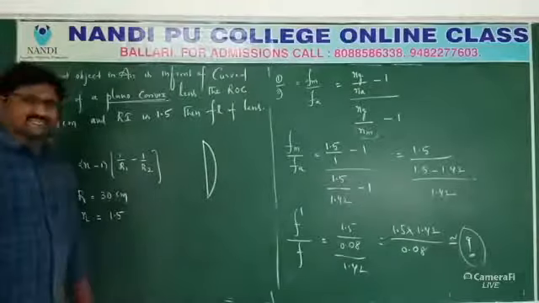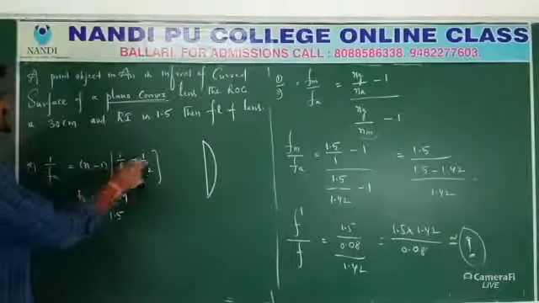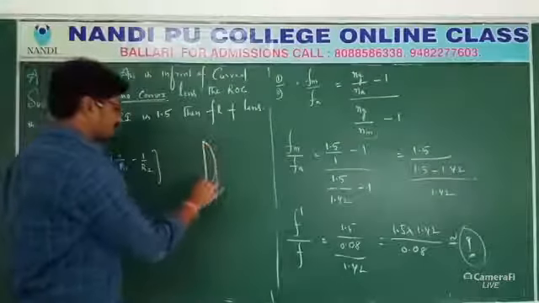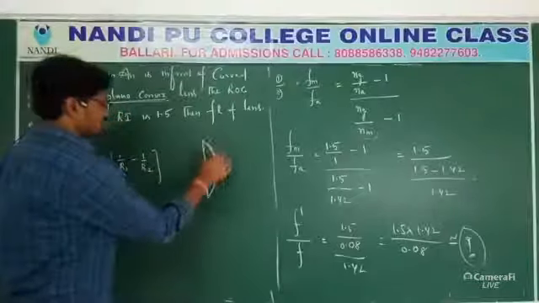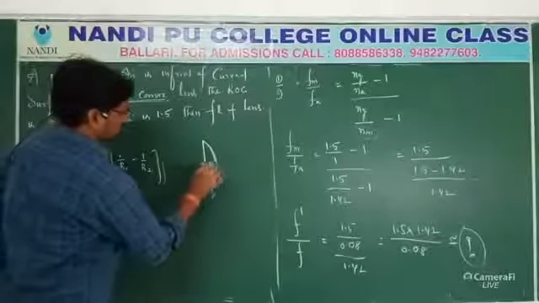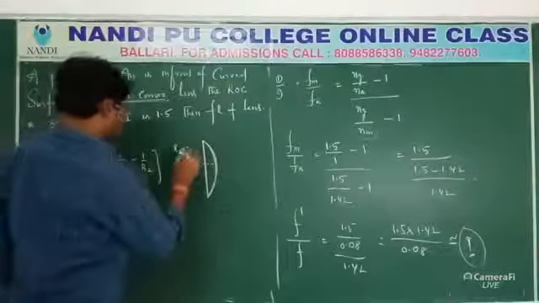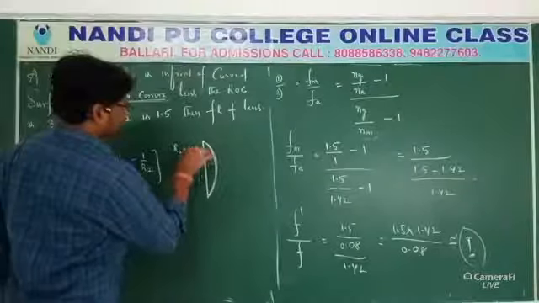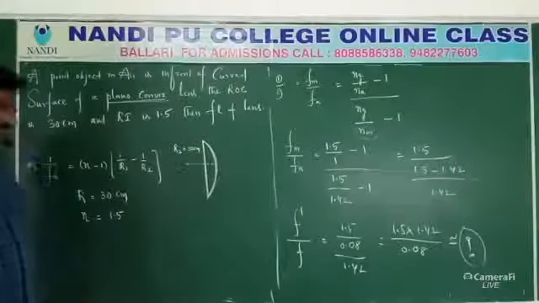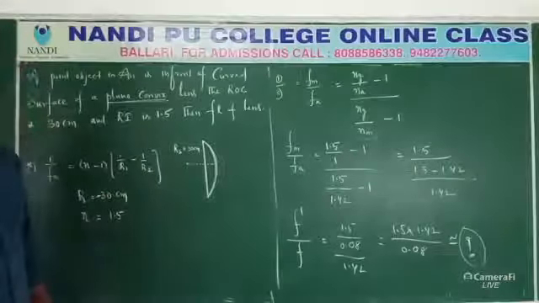So what is the idea here? 1 by Fa is equals to n minus 1 into 1 by R1 minus 1 by R2. What is R1 and R2? R1 is about the first surface, R2 is about the second surface. We know R2 is given, that is 30 centimeters, and as per the Cartesian sign rules it comes with a negative sign. 30 is negative.